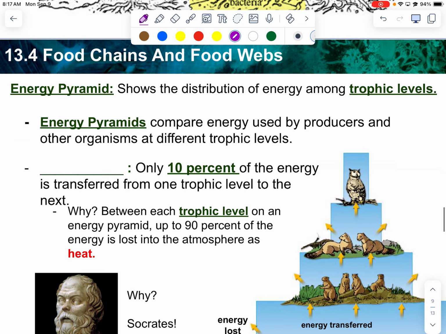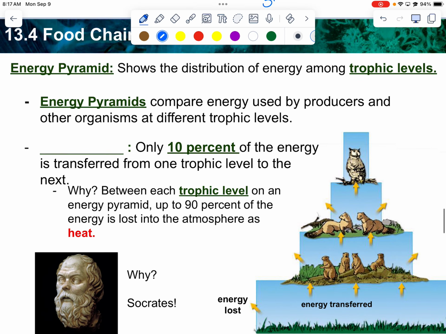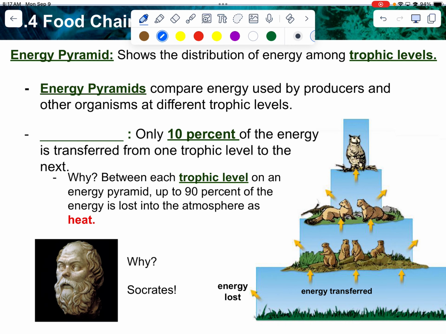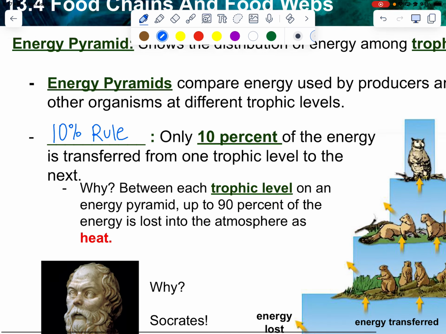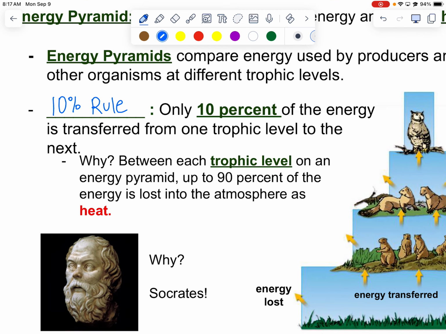Okay? The energy pyramid is going to show the distribution of energy among trophic levels. It compares energy used by producers and other organisms at different trophic levels. So, the 10% rule you've already learned in your lab is the amount of energy that is transferred from one trophic level to the next.